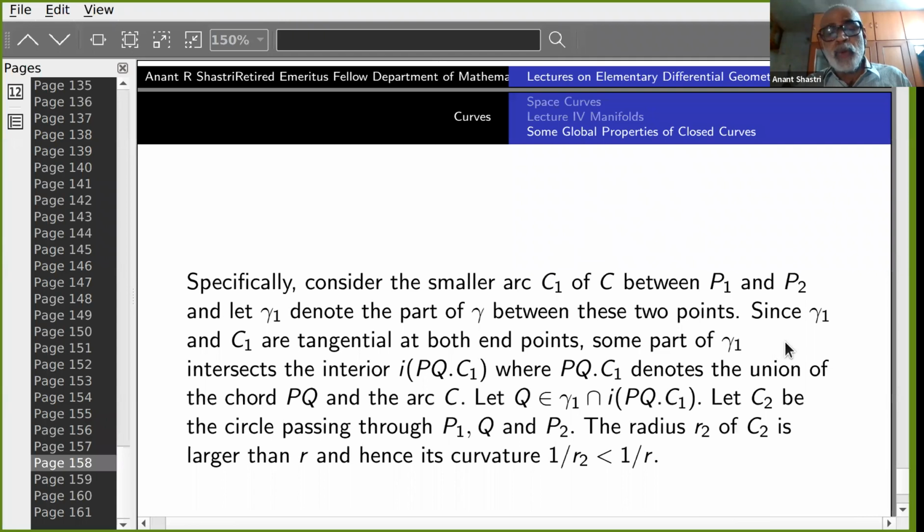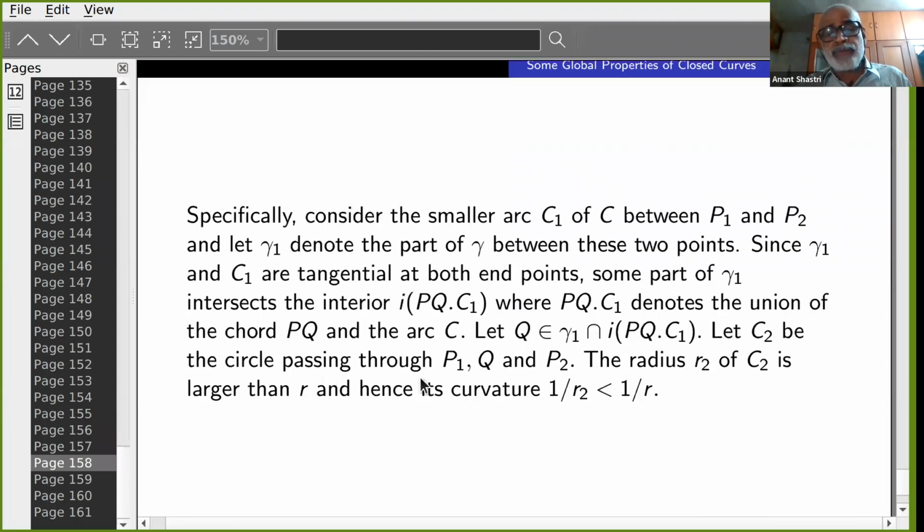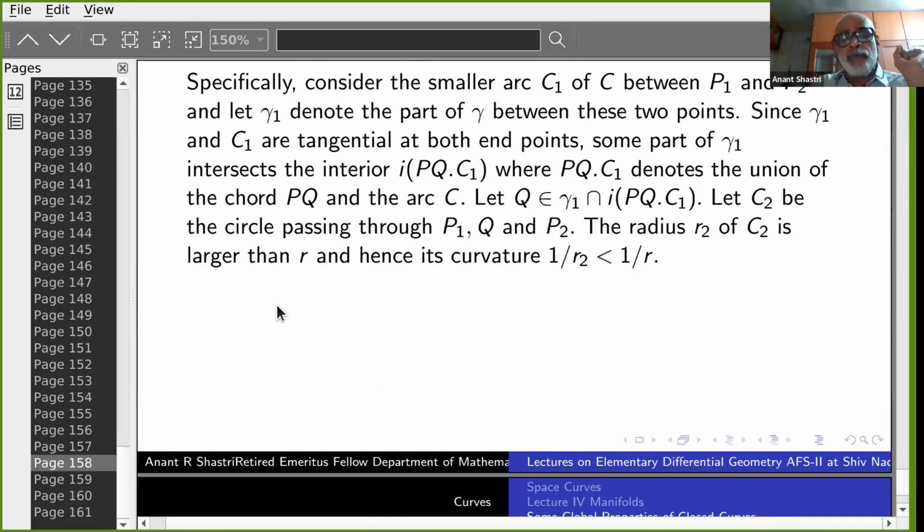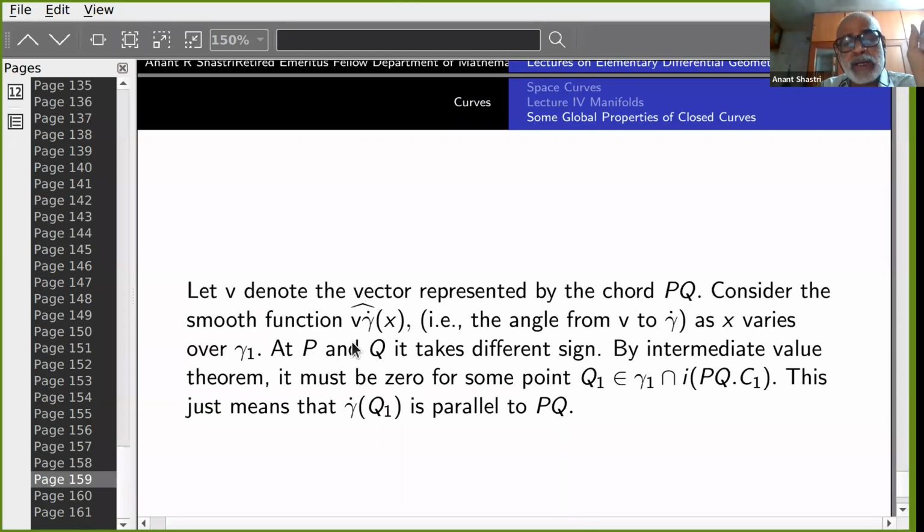Let C2 be the circle passing through P1, P2, and Q. The radius R2 of C2 is larger than R, and hence 1 by R2 is less than 1 by R. Now we denote by V the vector represented by the chord PQ. Consider the smooth function V hat gamma dot of X. This hat I am using from your book.